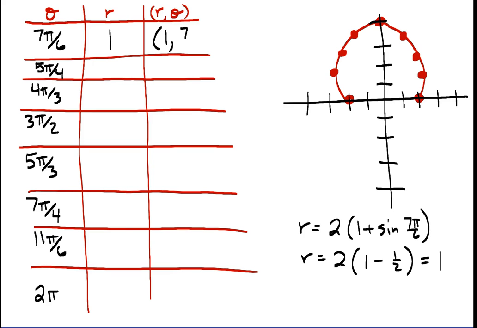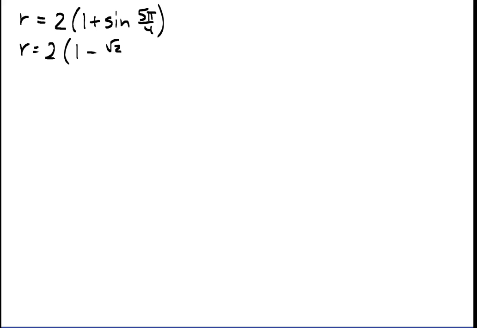All right, let's put this down. 1 and 7 pi over 6. All right, the next one on the list here is 5 pi over 4. And again, if you can do this in your head, you're doing great. 5 pi over 4 would give us a value of sine at negative root 2 over 2.